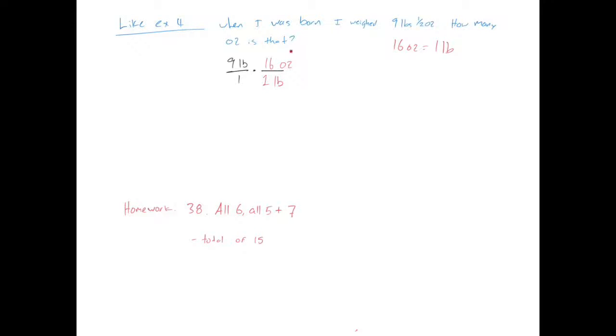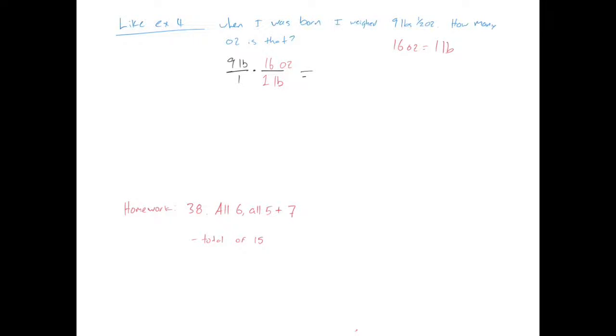Again, I'm going to emphasize this again. 16 ounces and 1 pound are the same thing, so this is just a 1. I'm taking a number, I'm multiplying it by 1. Whatever I get is going to be equivalent to what I started with, or the 9 pounds.